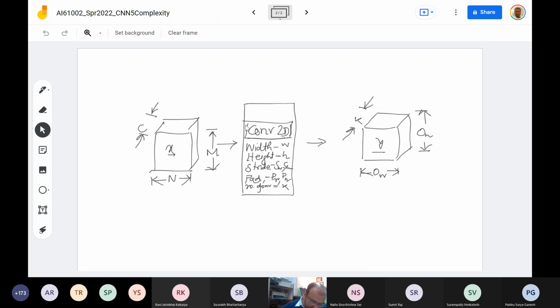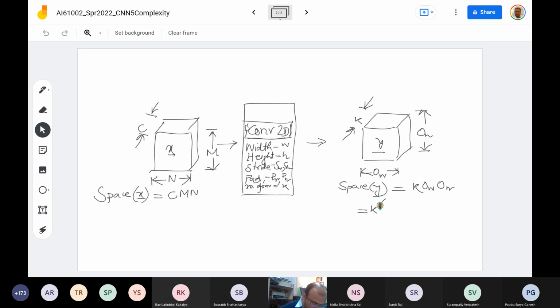Now, what is the total space required to store this X? So this is C M N. Okay. What is the space required to store Y? It is K OW OH. Now, if I put down my OW and OH, then what should it look like?